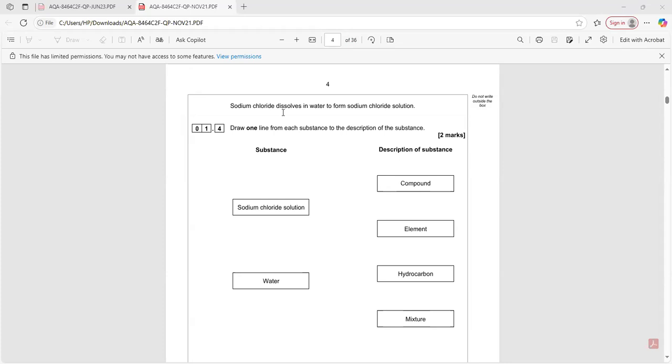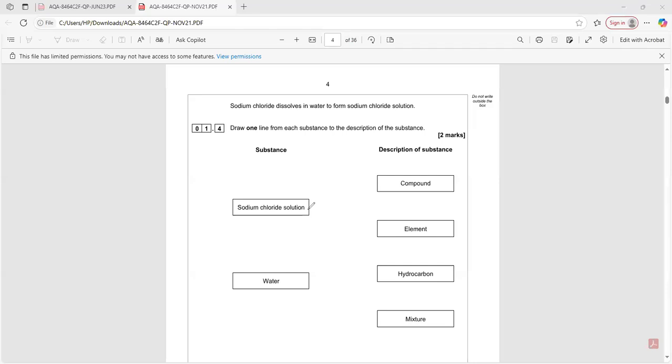Because compounds form as a result of a reaction. So things will change, one atom will go and react with the atom of the other one. But that's not what happens in sodium chloride. It just dissolves.